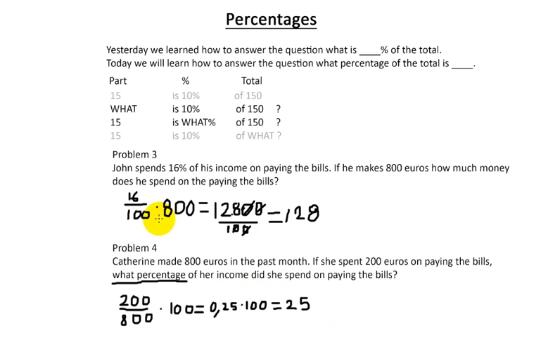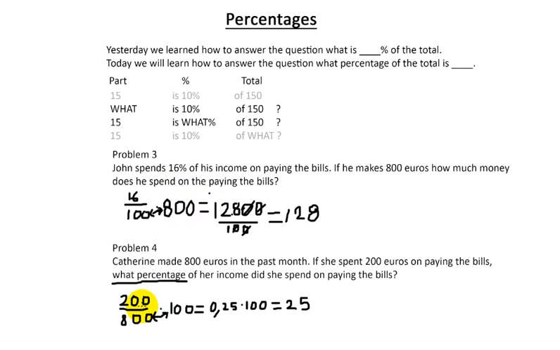I want you to notice that the difference between these two is basically I swapped these two. They have the same total. They both make 800 euros per month, but here I've swapped them around, basically. Okay, in the first problem where I have the percentage, I have the total, I'm looking for the part, I divide by 100, I multiply by 800.